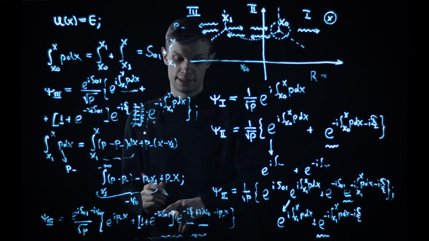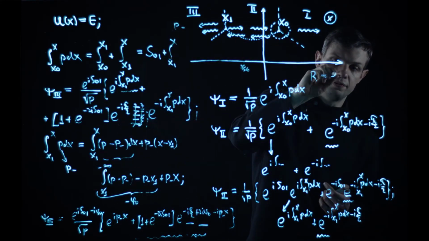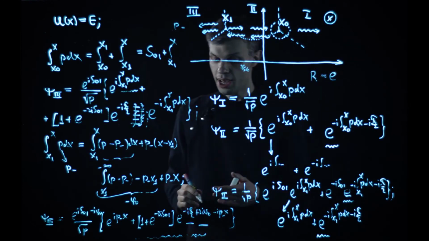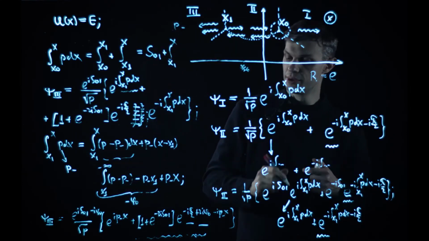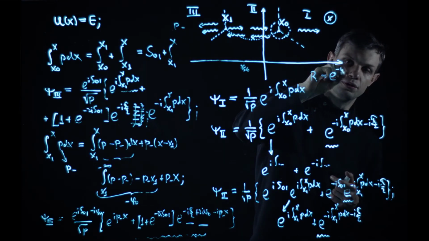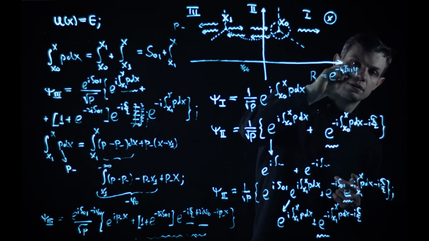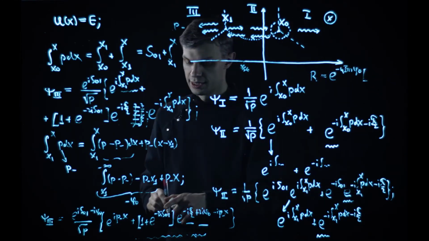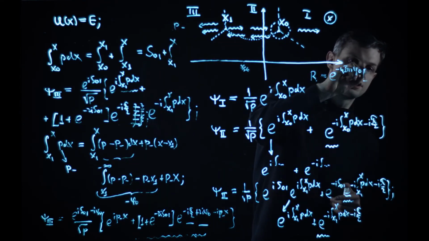And here it is. So now we arrive at the final answer. So the reflection coefficient, as in the case of a single turning point, is just e to minus 4 times the imaginary part of phase phi naught, multiplied by the modulus of this complex expression squared.